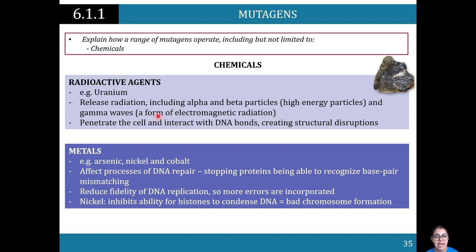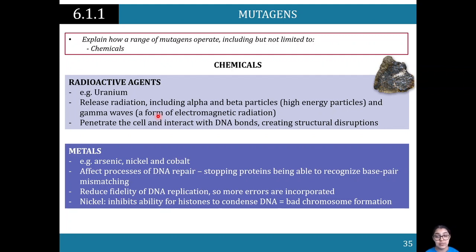But metals can affect the DNA repair system, and they can stop proteins from being able to recognize base pair mismatching. So any incorrect base pair matching is not detected, that mutation goes unnoticed, and it reduces the fidelity of the DNA replication, so more errors occur.